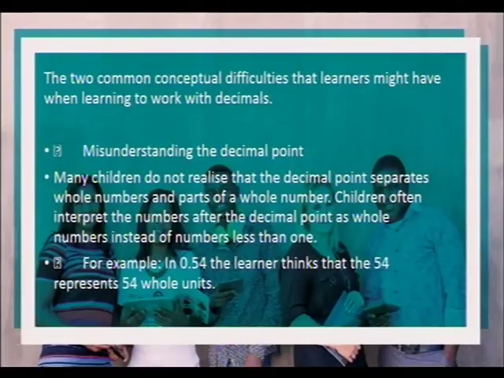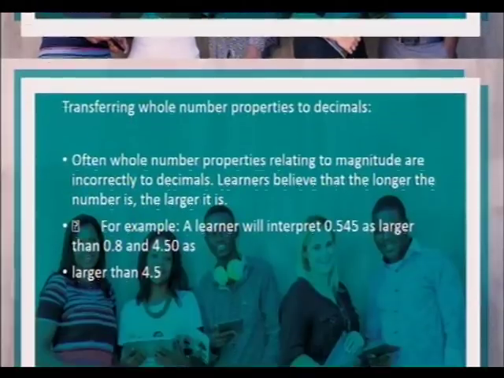Children often interpret the numbers after the decimal point as whole numbers instead of numbers less than 1. For example, in 0.54, the learner thinks that the 54 represents 54 whole units, not knowing that it's less than 1. It's a decimal number. So those are the misunderstandings regarding the decimal point.